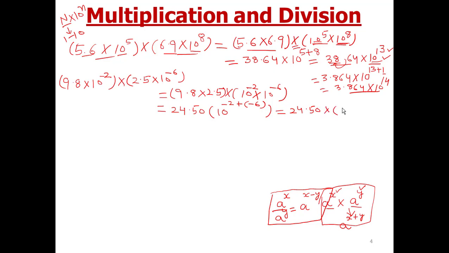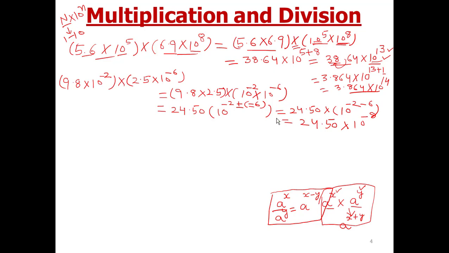Plus multiplied by minus is minus, so it is minus 6. Now minus 2 minus 6 is minus 8, so it can be written as 24.50 into 10 raised to the power minus 8.